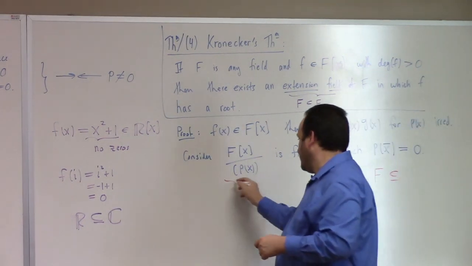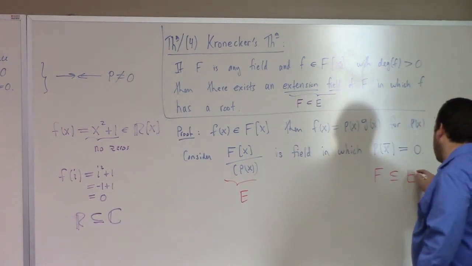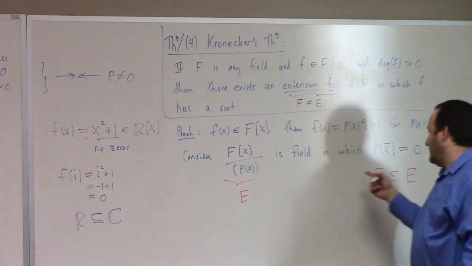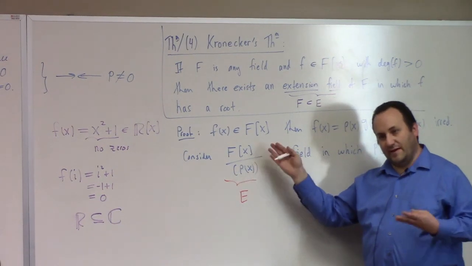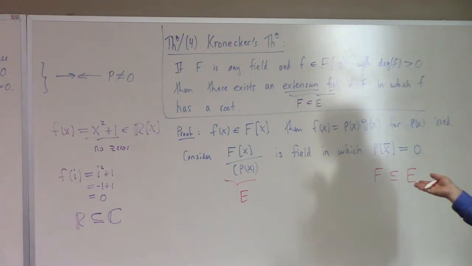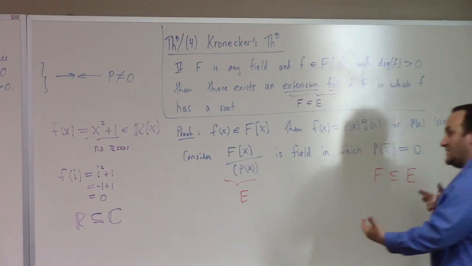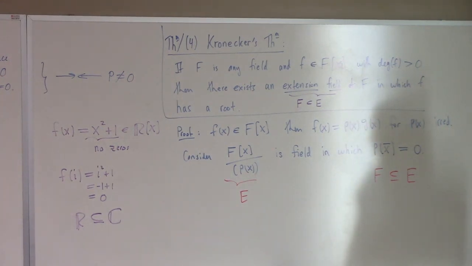If I think of this thing as being E, then F is naturally a subfield of E. How do you identify F as the subfield in here? It's with the constant polynomials in the quotient. So it's an extension field of F, and by construction, this makes p of x bar be 0, and consequently, f of x bar is equal to p of x bar times g of x bar, but that's 0.